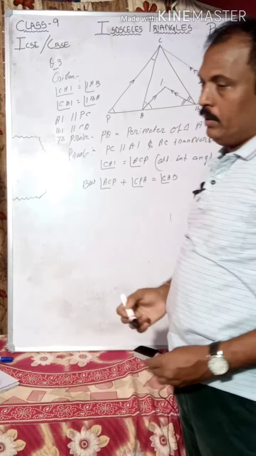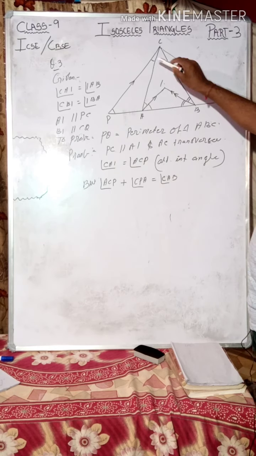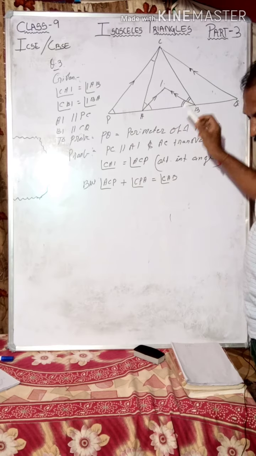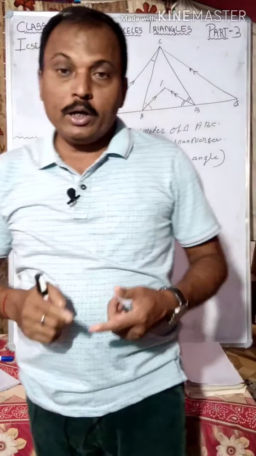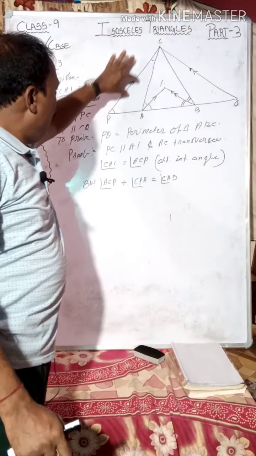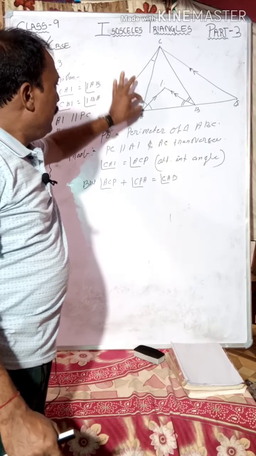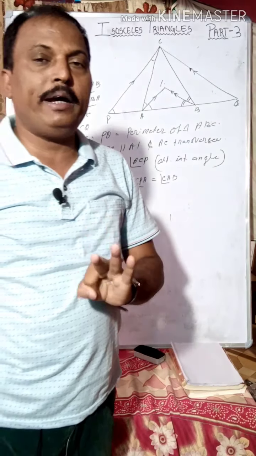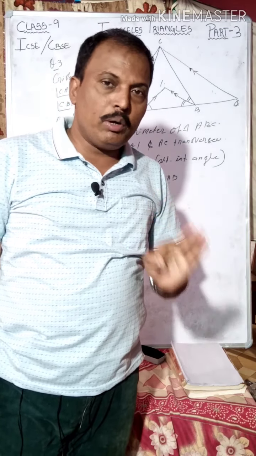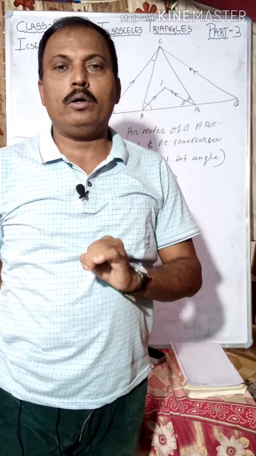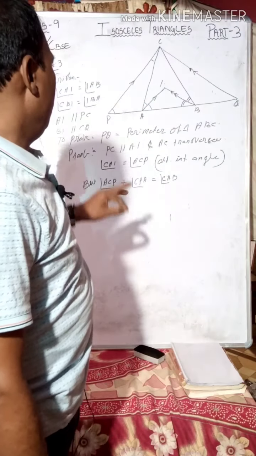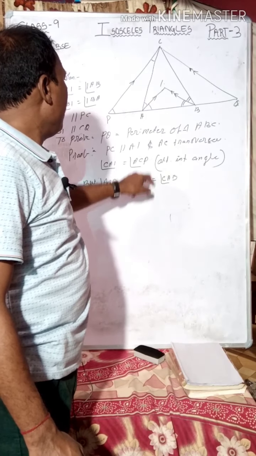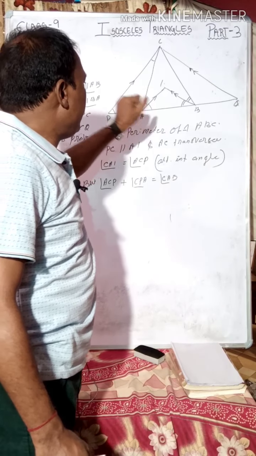Now try to understand. How is this possible? Because we know if PAC is a triangle, this is the exterior angle. The magnitude of the exterior angle is equal to the sum of the magnitudes of the two interior angles. So the two interior angles are ACP and CPA, and this is the exterior angle.